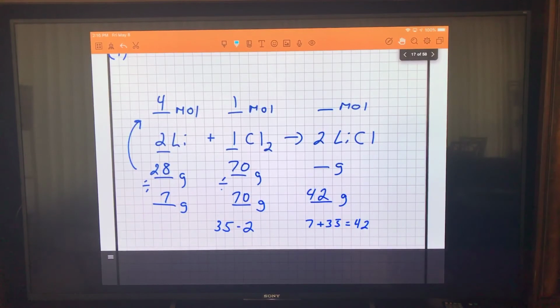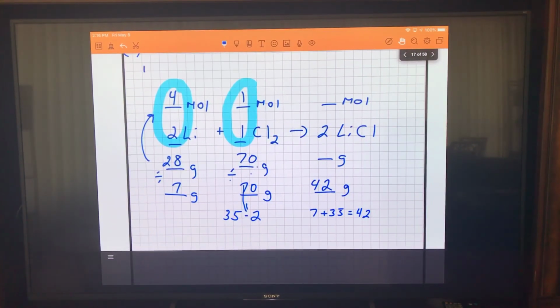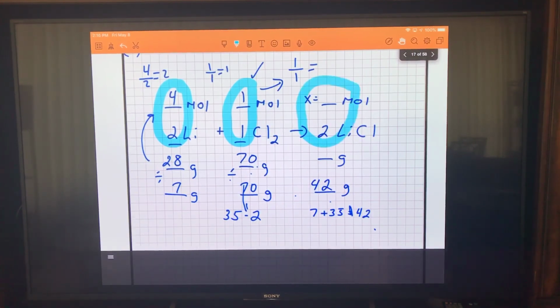Now I have to go back and figure out what is limiting. I'm going to circle these 2 top numbers. 4 divided by 2 is 2. 1 divided by 1 is 1. So that one is my smallest one. That's the one I'm going to use. I'm going to take that right here, 1 over 1, and set it equal to this one. I can circle that one in blue too. X over 2.